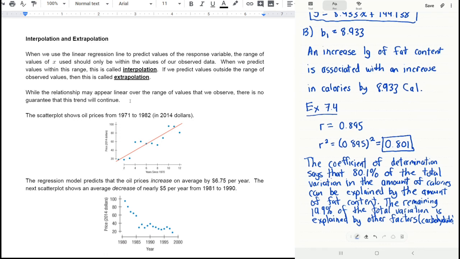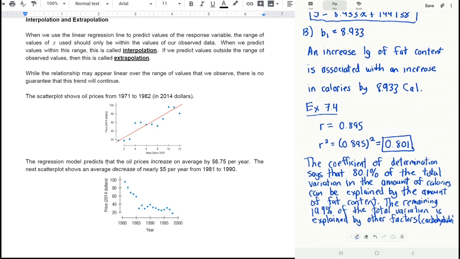As an example, here is a scatter plot which shows oil prices between 1971 and 1982. Here's the scatter plot and the linear regression line. It appears to look linear within this range. Now, the model will predict the oil prices will increase on average by about $6.75 per year.